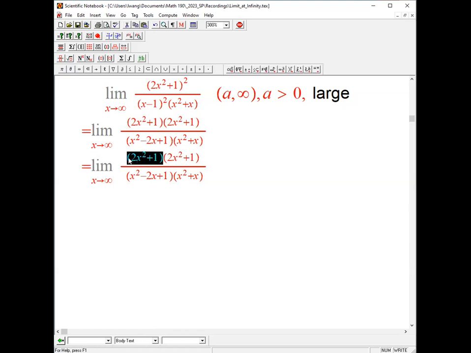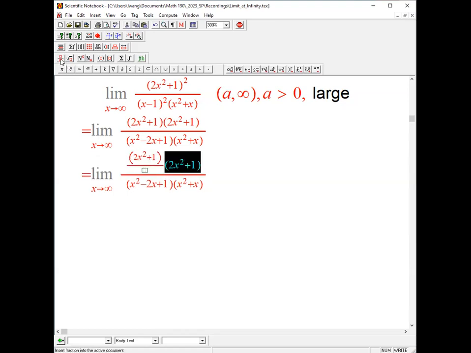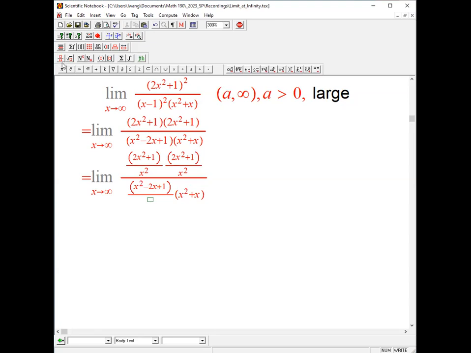So I keep this piece and that piece divided by x squared separately. So I have divided by x squared, divided by x squared, and this piece divided by x squared. So top divided by x to the power 4, the bottom is also divided by x to the power 4. So principle number 1 applies, right?